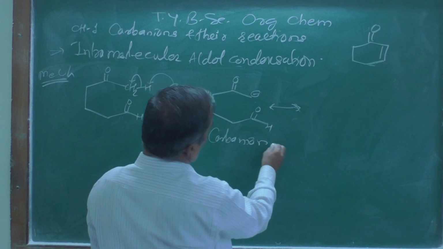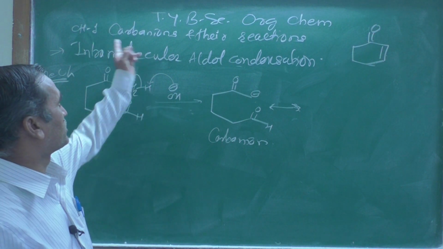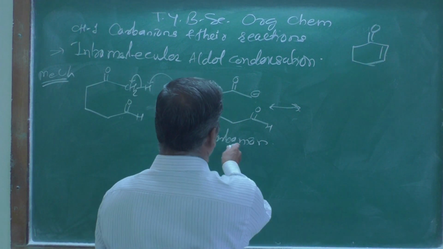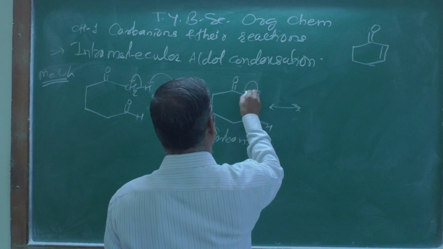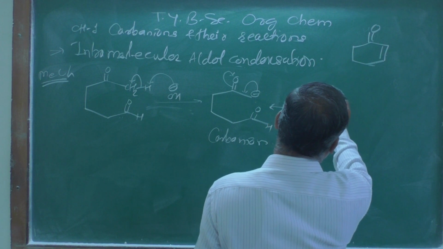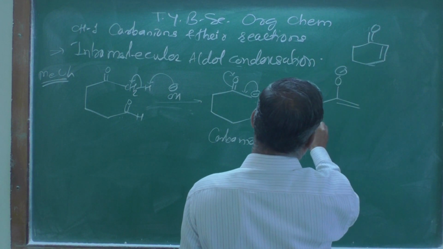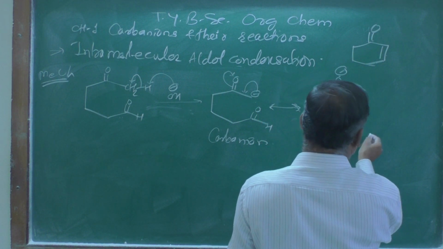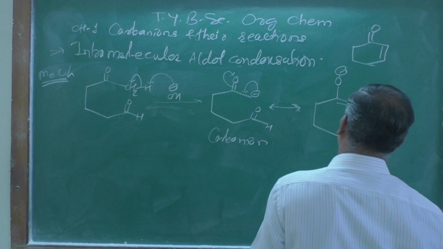The chapter's name itself suggests carbanions and their reactions, so you have to mention that this is a carbanion. Now a double bond forms here, with the negative charge on O minus, an enolate type of species, and I am writing the ketone group like this and the hydrogen atom like this.